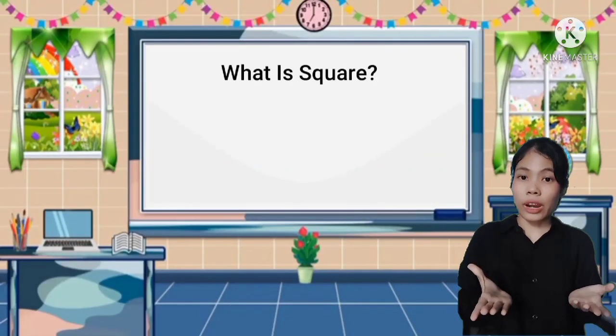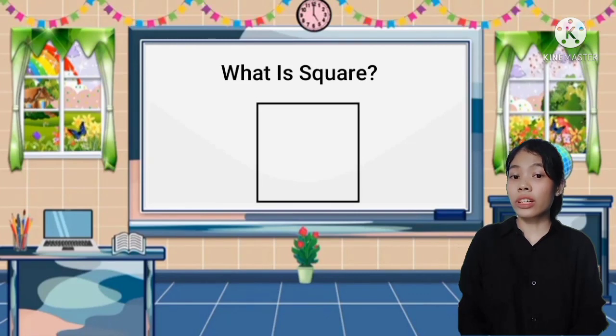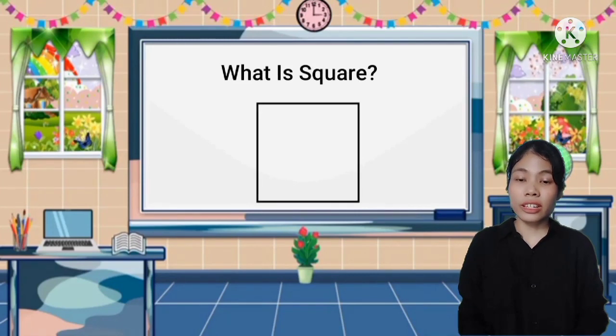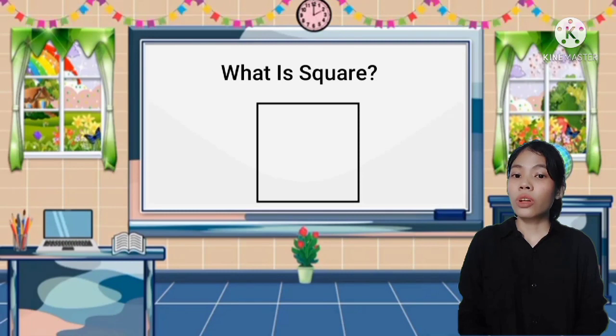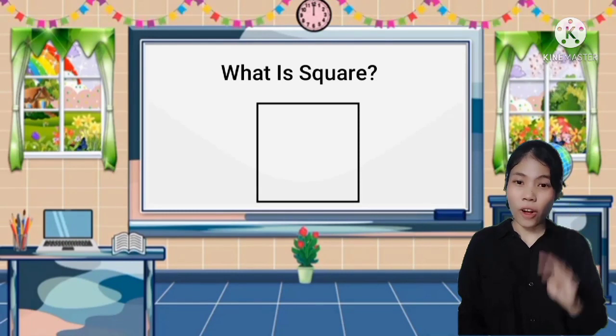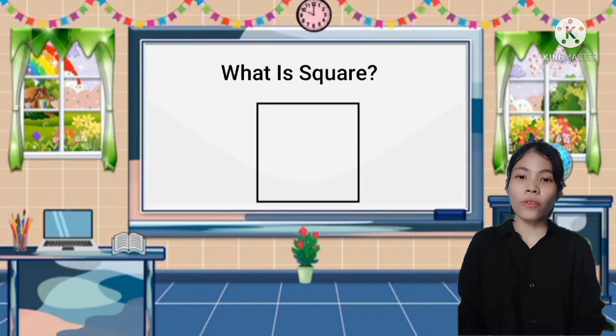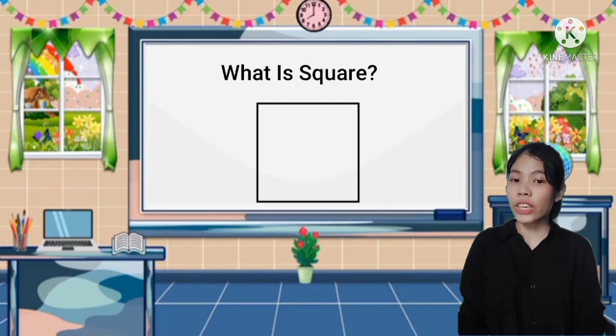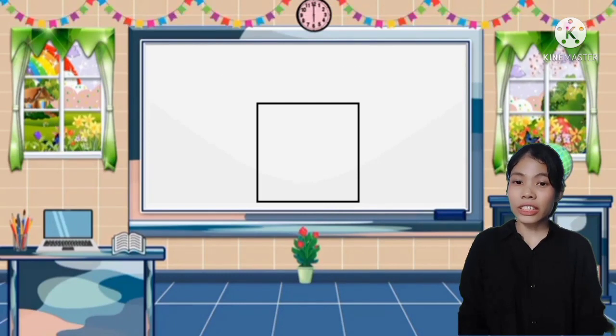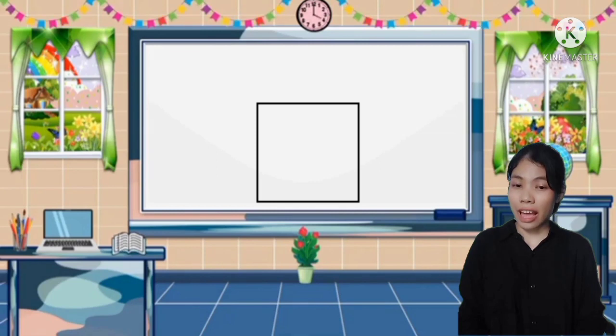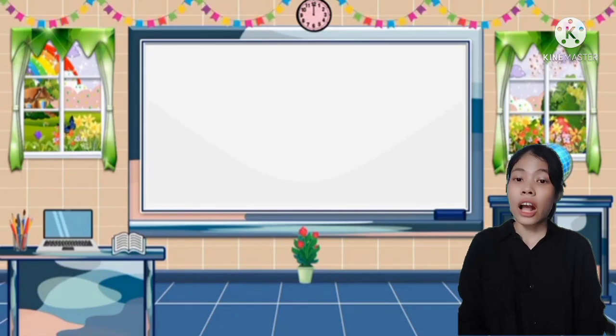What is a square? A square is a regular quadrilateral which has all four sides of equal length and all four angles are also equal. The angles of the square are right angles, all equal to 90 degrees.